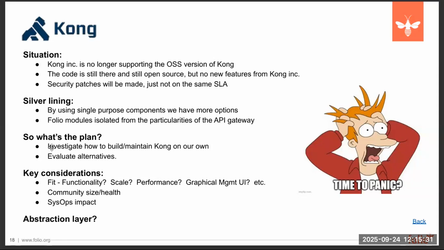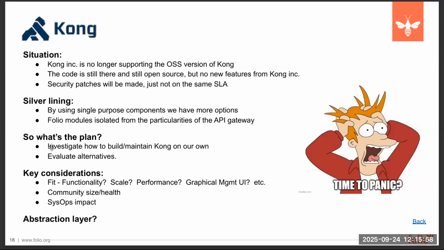So I think the silver lining here is that with Eureka, we focus on having single purpose components. And that gives us more options essentially, right? Because we're not doing anything that's super esoteric here, like an API gateway plus tenant management or anything like that. An API gateway is a pretty common thing, and we have several options there.